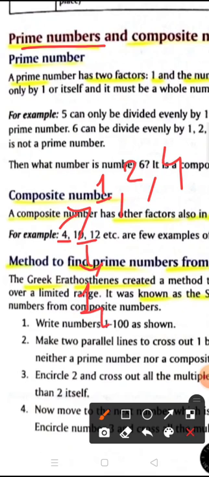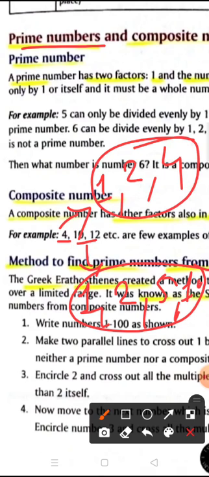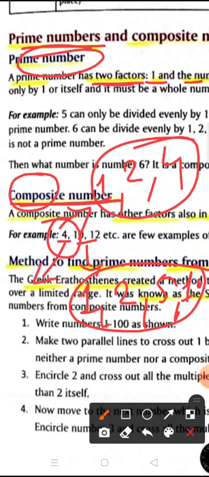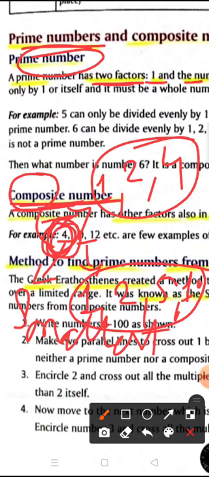It comes in 1, 2, 5 and 10. Have you understood? It has more than 2 factors, then it is a composite number. When it has 2 factors, 1 and the number itself, then it is a prime number. And the smallest composite is this 4, because composite numbers start from 4.